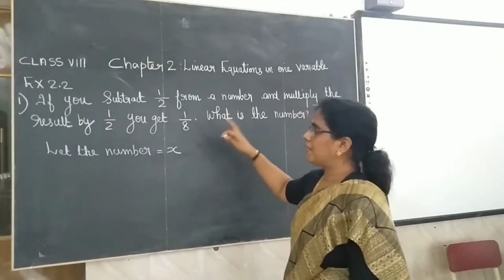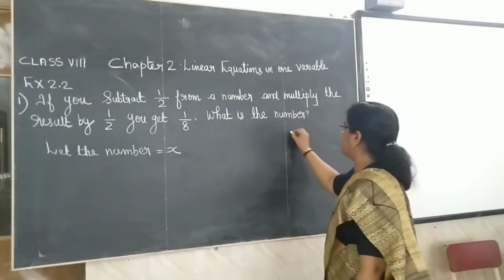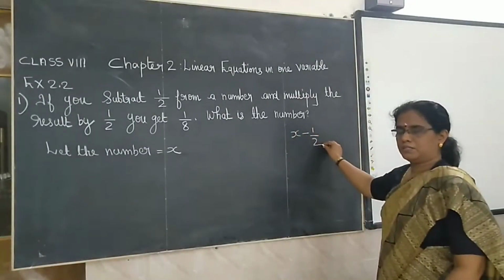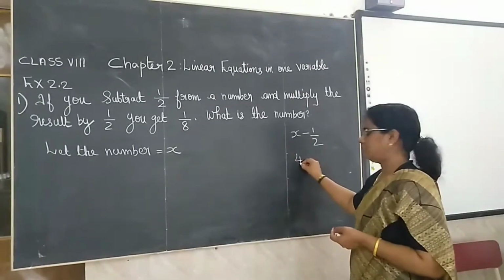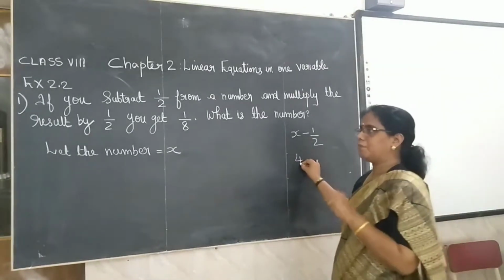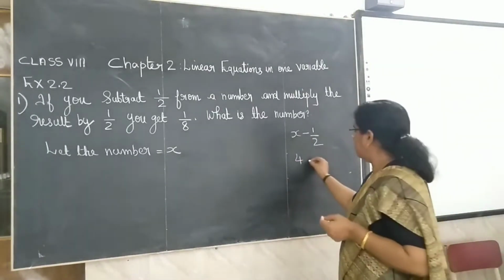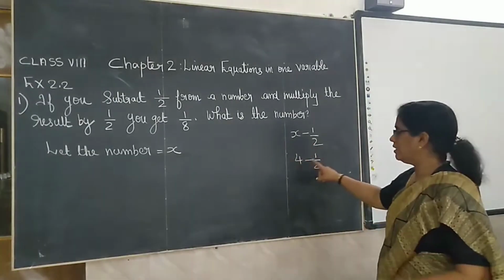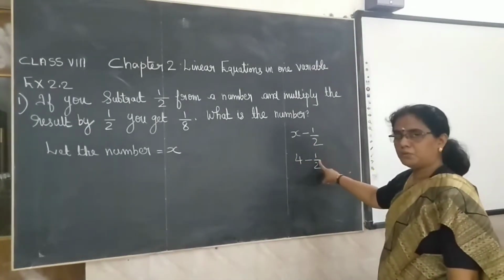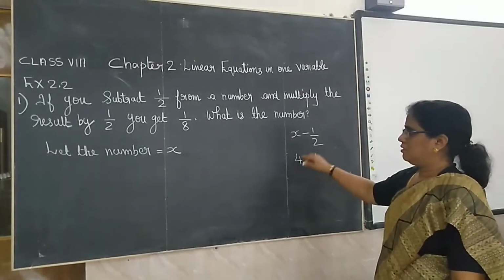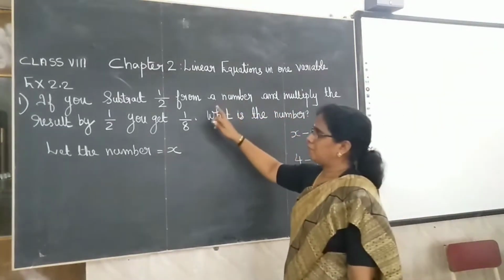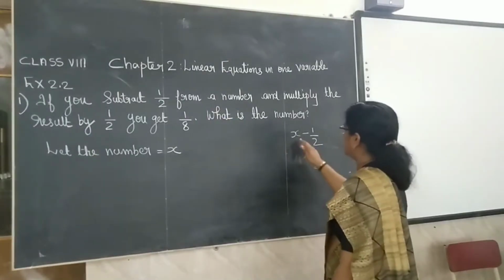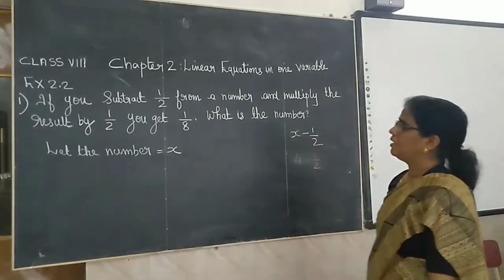So when you subtract 1 by 2, that becomes x minus 1 by 2. Suppose 4 is the number, then if you subtract 1 by 2 from 4, we will write 4 minus 1 by 2. This we can read as subtracting 1 by 2 from 4. So here we are subtracting 1 by 2 from x. Therefore we can write x minus 1 by 2.